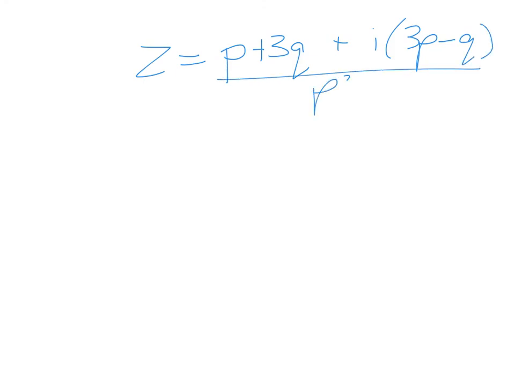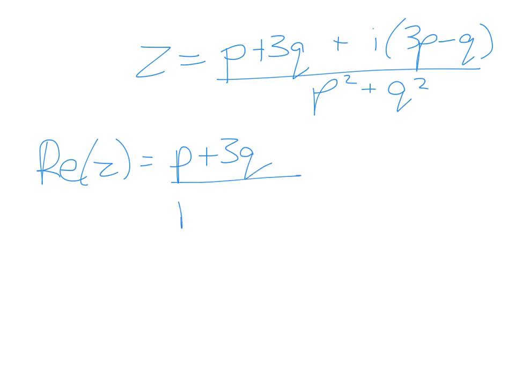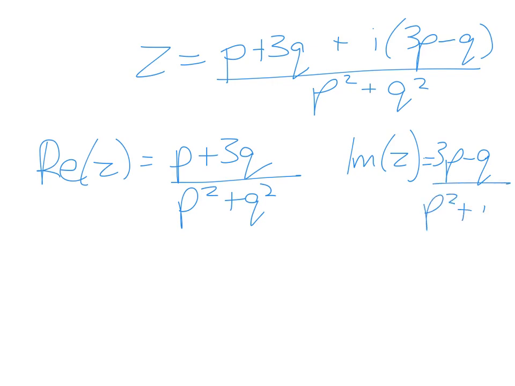Well, we've got z is equal to p plus 3q plus i times 3p minus q, all over p squared plus q squared. So the real part of z is equal to p plus 3q over that. And the imaginary part is equal to 3p minus q over p squared plus q squared.